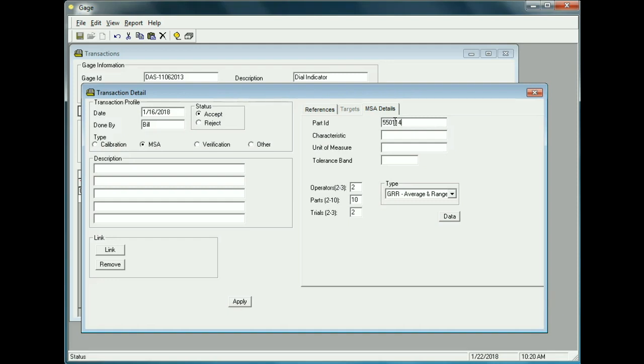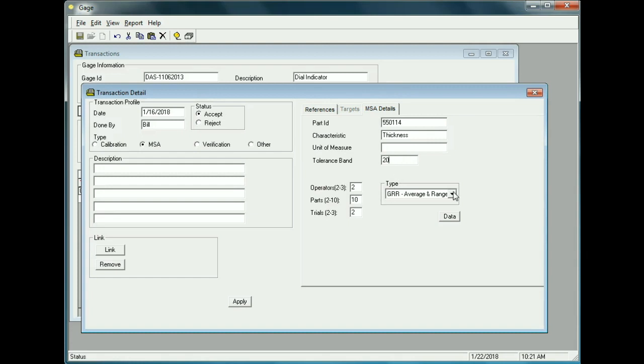The characteristic that we'll be measuring is, let's say, thickness. This is all optional, by the way. You really don't need to enter this, but for the purposes of this illustration, we will. The unit of measure we'll just leave blank, and let's say the tolerance on this is 20, whatever the units are that we're measuring in.